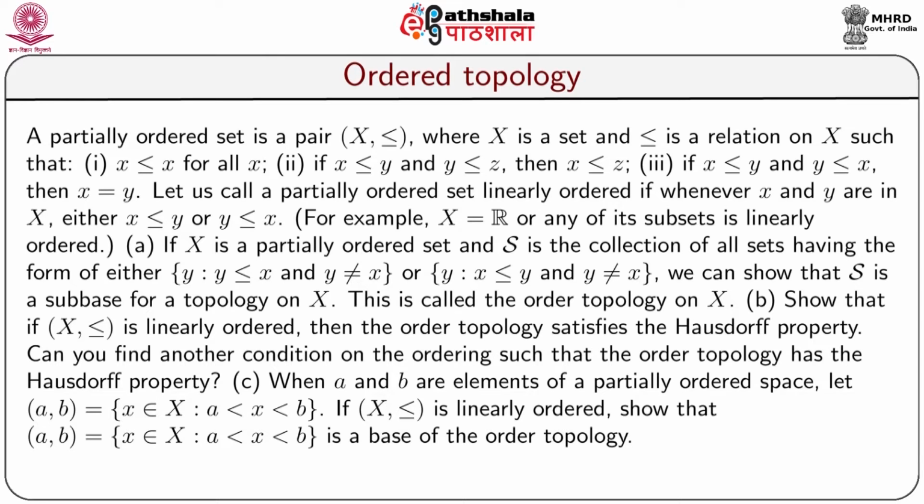Now, if we take the collection of all open intervals in a linearly ordered set, then it becomes a basis on that linearly ordered set, and the student can prove that every linearly ordered set with this basis is a Hausdorff topological space.